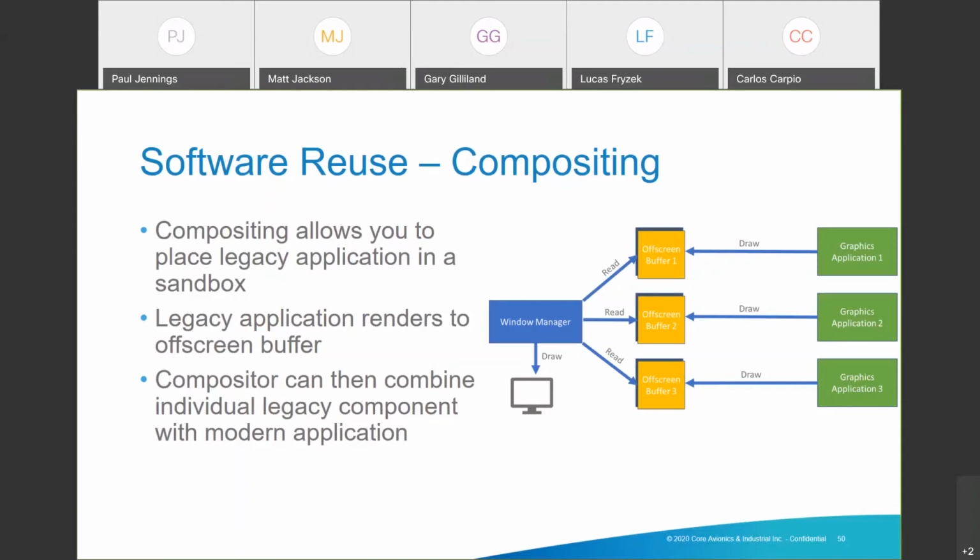In the case of Vulkan SC, there's the KHR display extension. These allow a legacy application to exist in a sandbox where it's only rendering to an off-screen frame buffer. Then a more modern compositing application can take the contents of that off-screen frame buffer and combine it on the screen in a more modern application. So this gives the idea of software reuse and compositing.